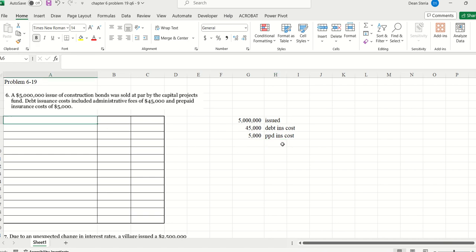We're going to start off in the Capital Projects Fund. And we issued bonds, right? So that means we got cash and we have other financing sources.